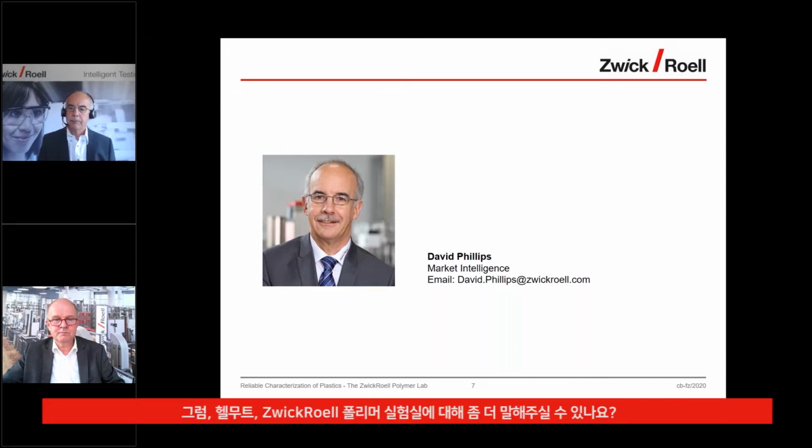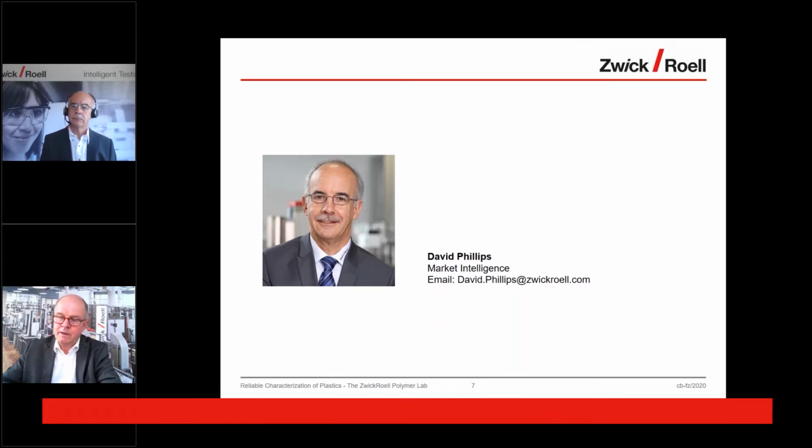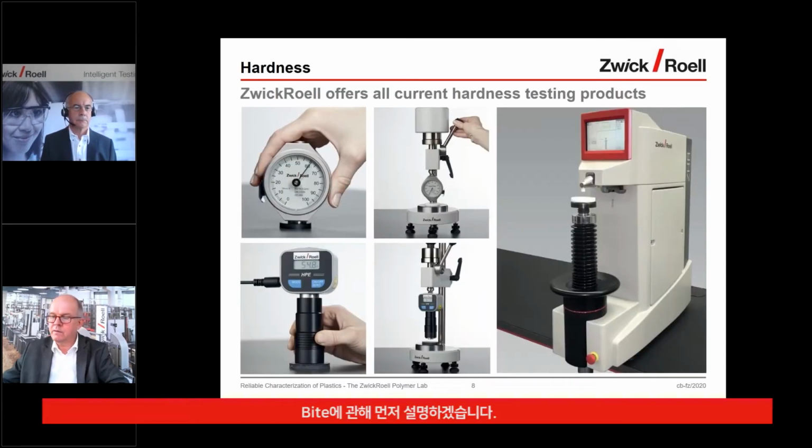So Helmut, can you tell us a little bit more about the Zwicroll Polymer Lab? For example, could you give us some examples of the test methods that our machines have to perform? Yes, David. I earlier mentioned already bite, bend, pull, and heat, and this is all what it is about. So let us start with bite.